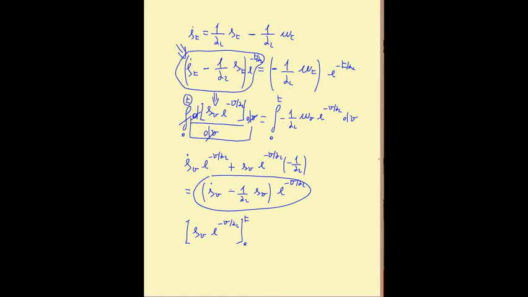We need to compute this function between 0 and t, because this is the backward solution between 0 and t. And the second part is minus 1 over alpha 2, which is constant, so we can put it outside the integral between 0 and t of omega v e to the power of minus v over alpha 2 in dv.